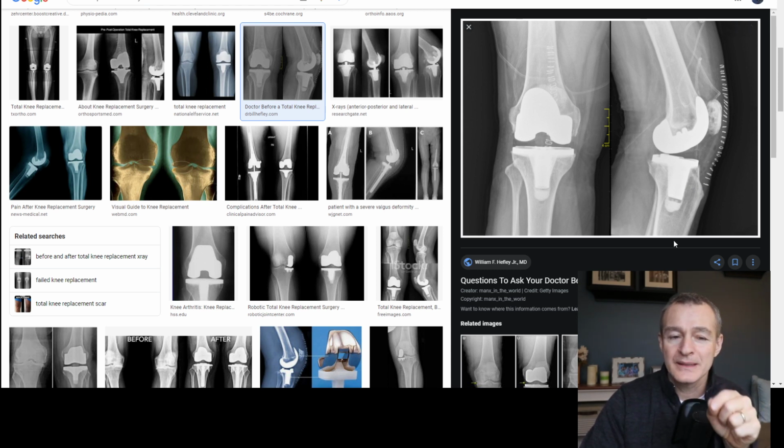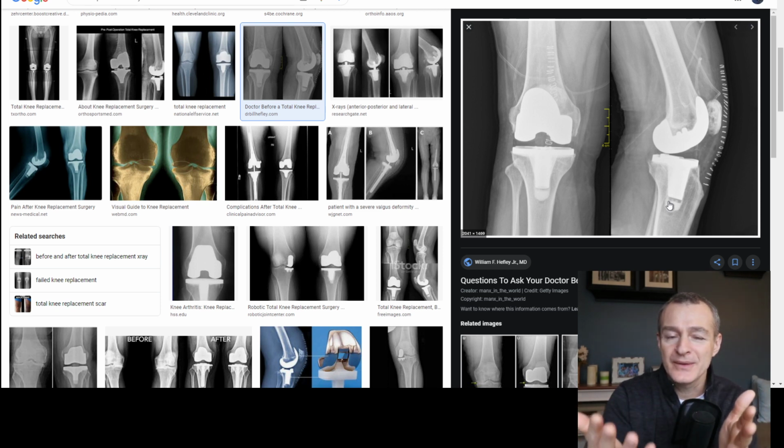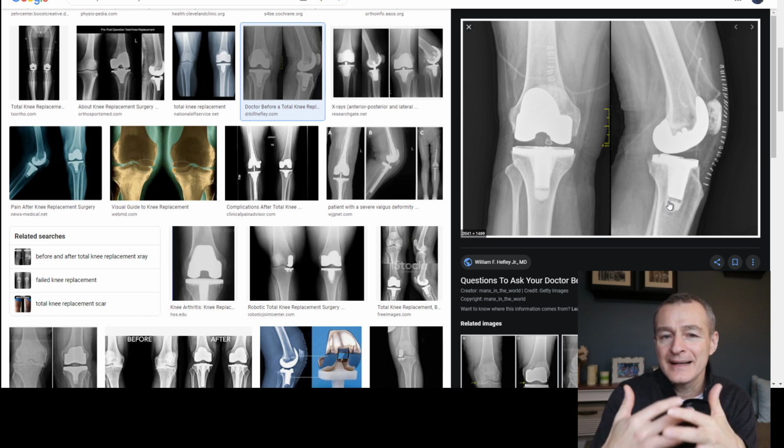But another important component, if you look at this x-ray on the screen, is that the femur, the upper thigh bone, and the tibia aren't exactly straight and lined up. Most patients I see within the first couple of weeks after surgery, in therapy, are not at full extension.